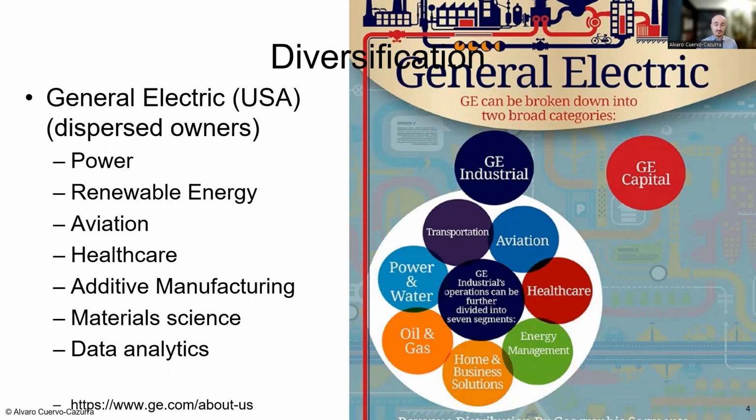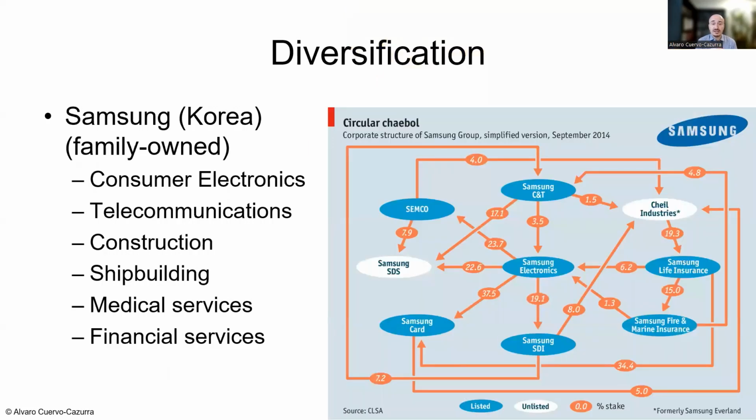Of course, you can try to connect them, but the notion here is, surprise, they are operating in different industries. We can also see that for family-owned companies. An example is Samsung's Chaebol, a business group from South Korea. They also operate in a large variety of industries: consumer electronics, telecommunications, construction, shipbuilding, medical service, financial services. Once upon a time, they were also in defense.